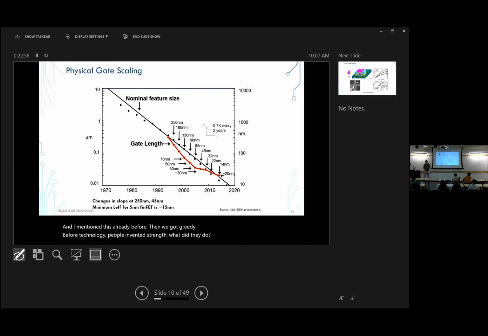Before technology people invented strain, what did they do? To get more on-current, they shrank the channel. They reduced the channel lengths beyond what was lithographically printable. Notably, in 130 nanometer technologies, they would print all the features at 130 nanometers, but they would trim the gate size.